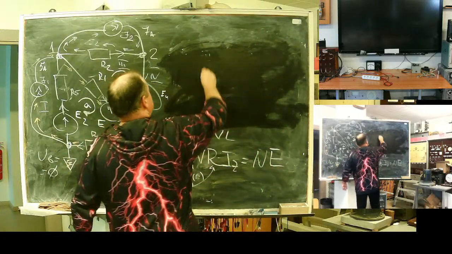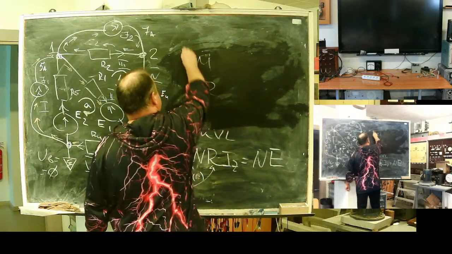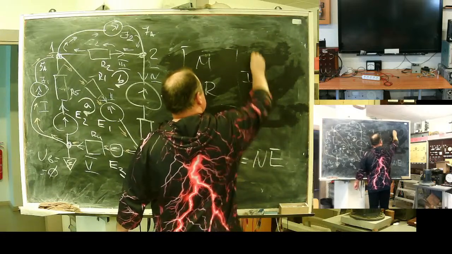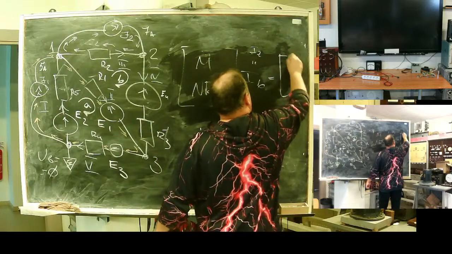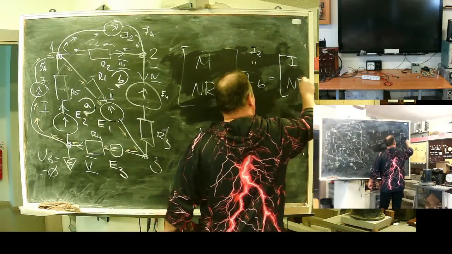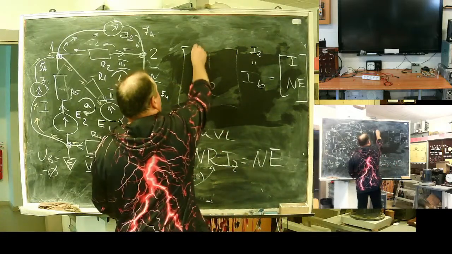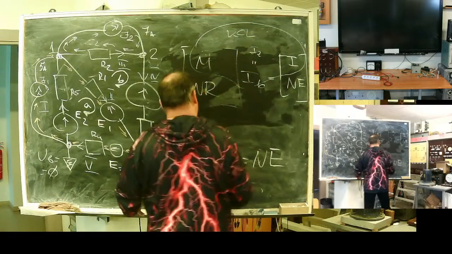Complete system. Okay, branch currents equal I and A. The upper part is the Kirchhoff current law.